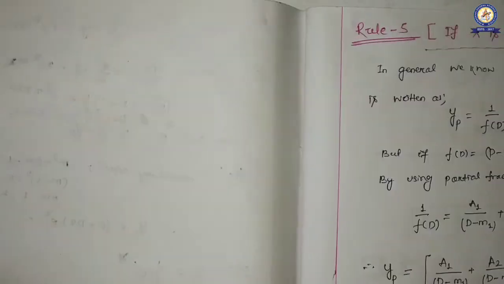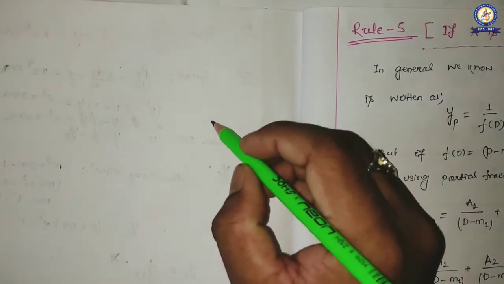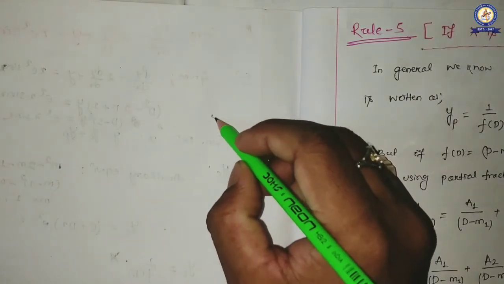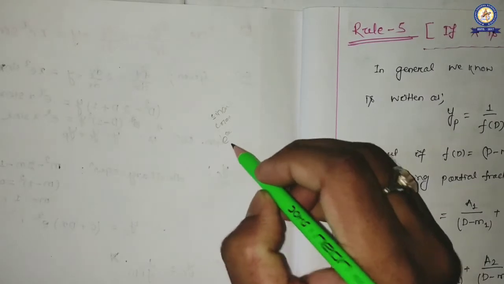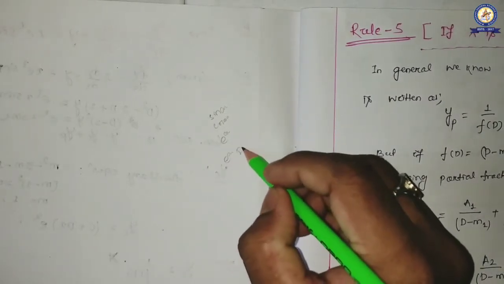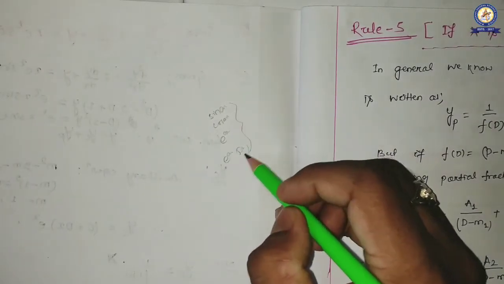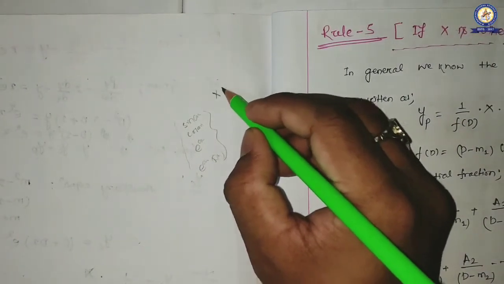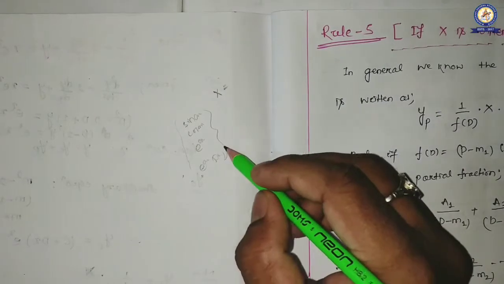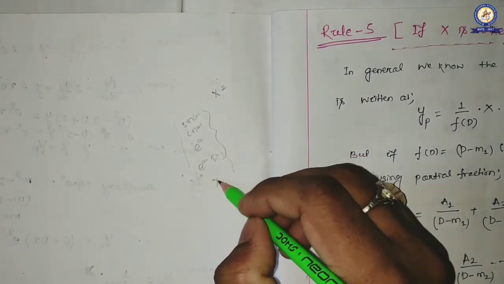And rule number 5: if X is any other function of x, that means if the source function is any function of x except sin x, cos x, e to the power ax, e to the power ax f(x), except these functions, if we consider other functions like x, sec x, and polynomials, for example x to the power n.